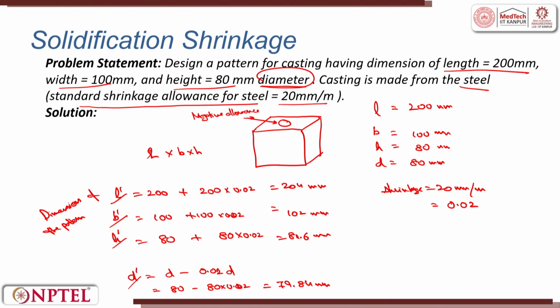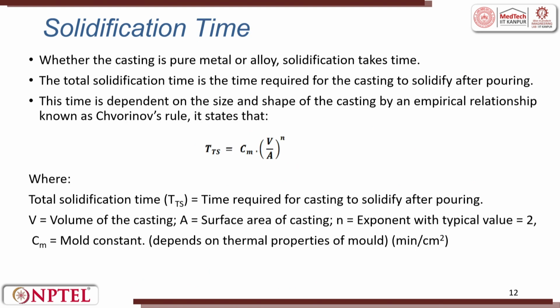Let me now come to the next problem statement, which talks about the solidification time. Whether casting is pure metal or alloy, solidification takes time. The total solidification time is the time required for the casting to solidify after pouring. This time depends on the size and shape of the casting by an empirical relationship known as Chvorinov's rule.